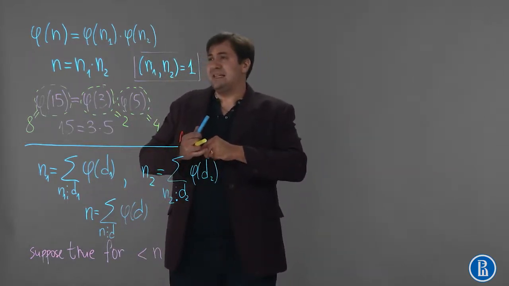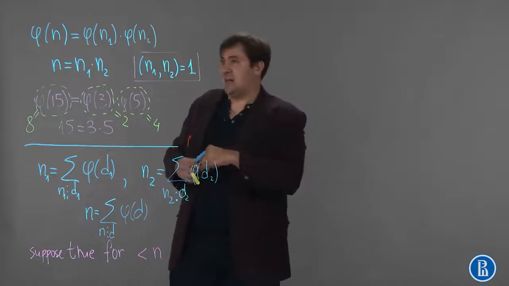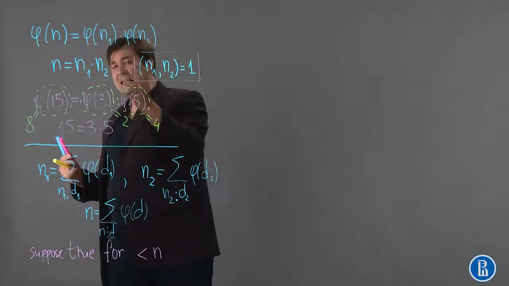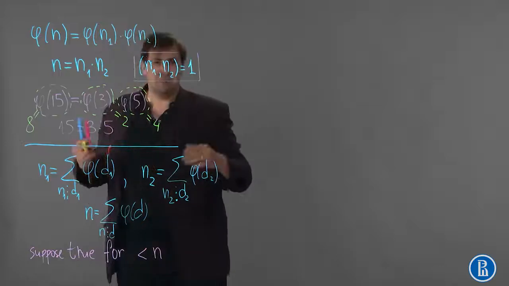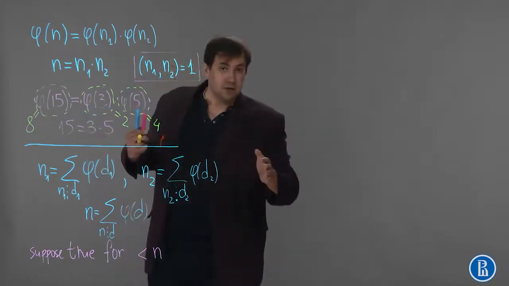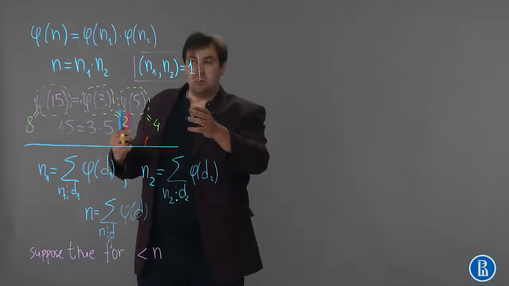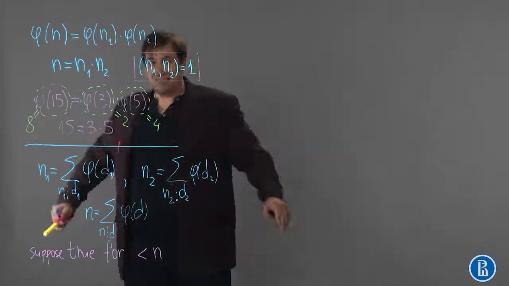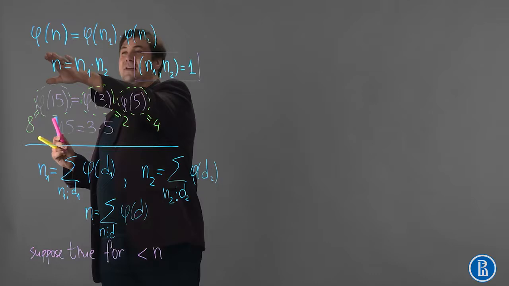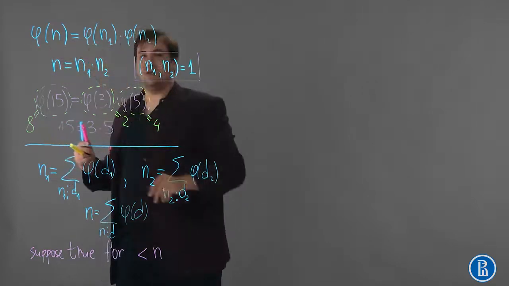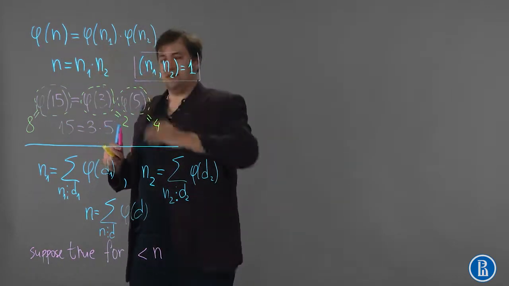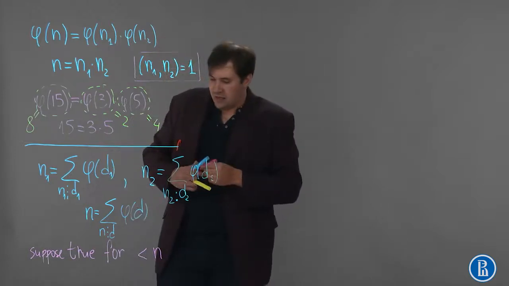This means that if we take another number, say not n but m, and m is decomposed into a product of two mutually prime numbers, m1 and m2, so we simply substitute n with m everywhere, then phi of m is equal to the product of phi of m1 and phi of m2.